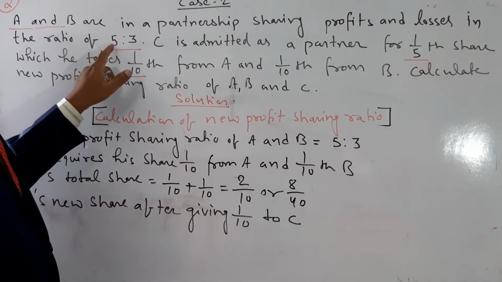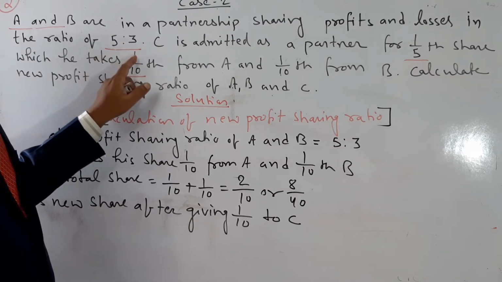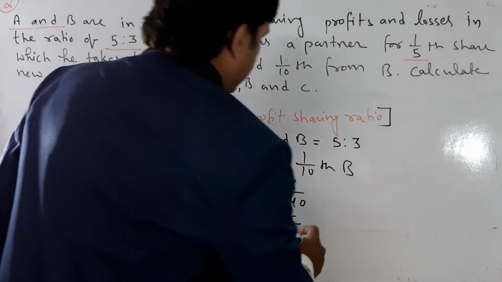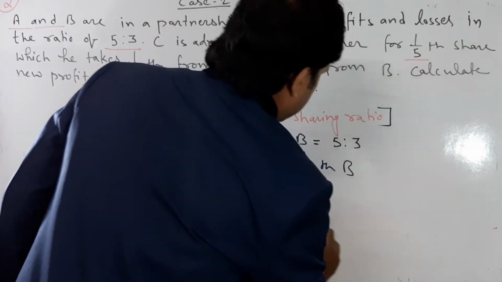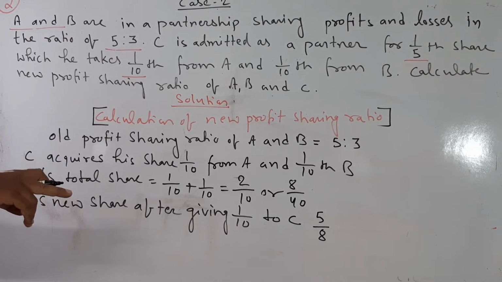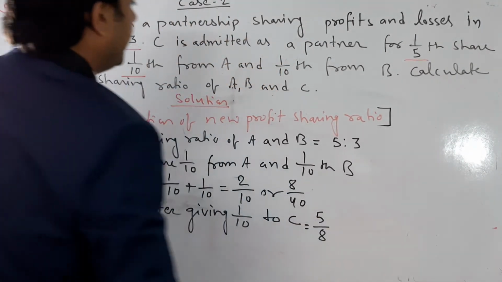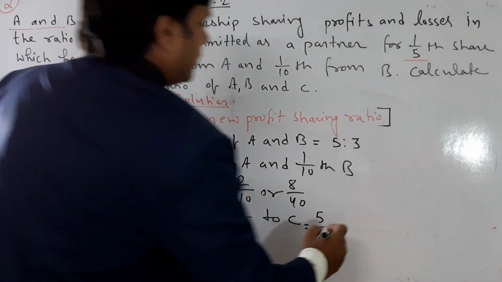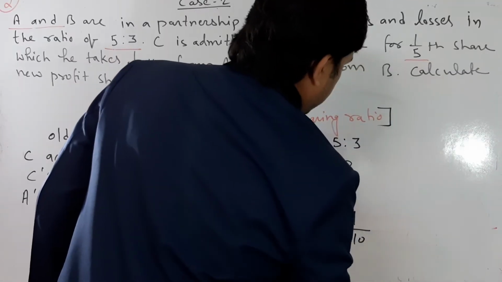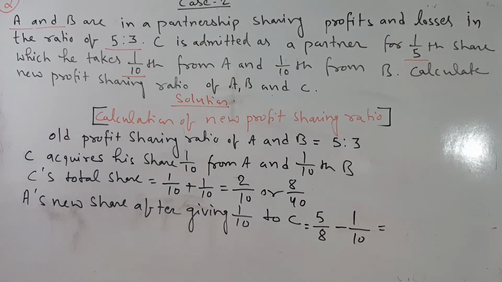How 5/8? 5 plus 3 is 8, so A has 5/8 and B has 3/8. So A's new share after giving 1/10 to C is equal to 5/8 minus 1/10. Calculate it. Clear?